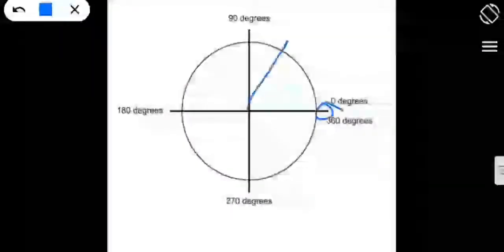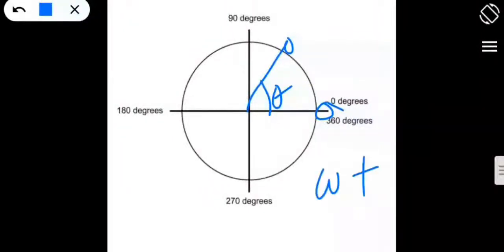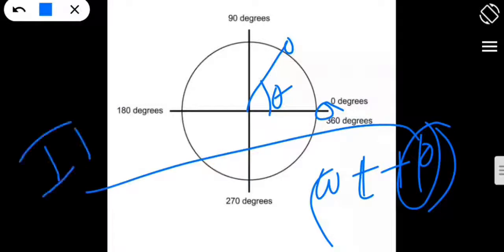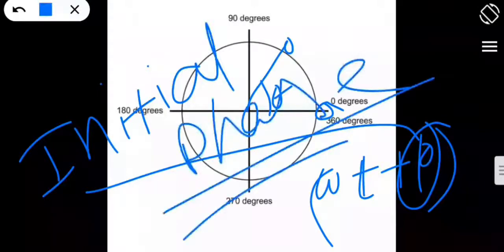This phi angle is known as the initial phase.